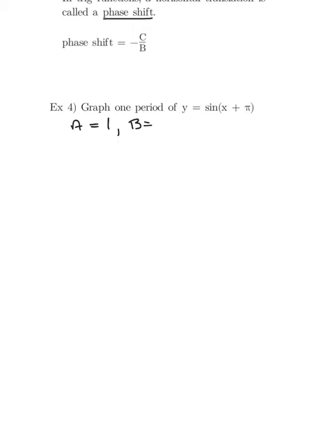B is the number in front of the x. There's nothing showing, so that too is a 1. The c in this problem is pi. So if we do each of the parts that we've talked about and how they are affected by the a, b, and c, amplitude is just going to be 1.